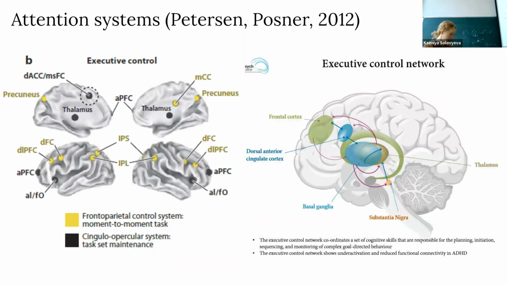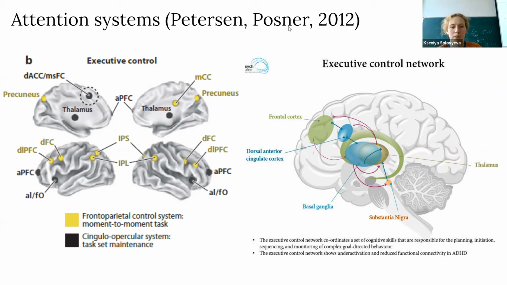And there is the third system. It's executive control attention, or the executive control network. This attention system is connected with keeping the goal. So when we use the orientation system, we don't need some certain goal. We just try to orient in space.